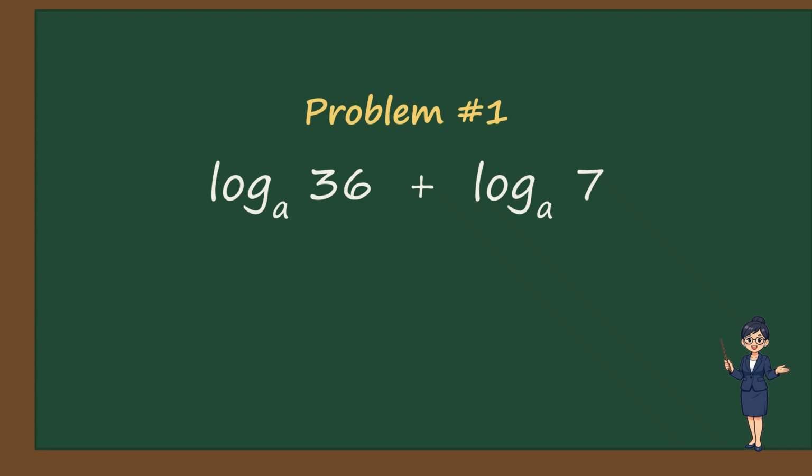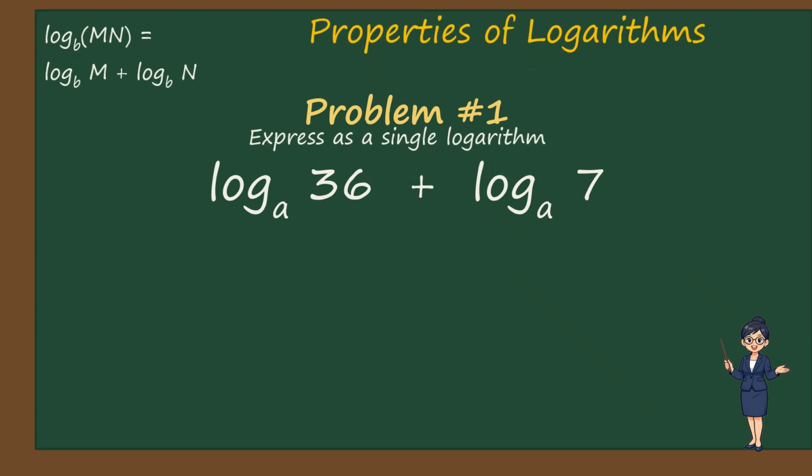So let's look at problem number 1, where we're looking at properties of logarithms. What we're trying to do is express this as a single logarithm. So we're going to use the rule at the top left hand corner, which is the product rule. Anytime you have log base b of mn, it equals log base b of m plus log base b of n.